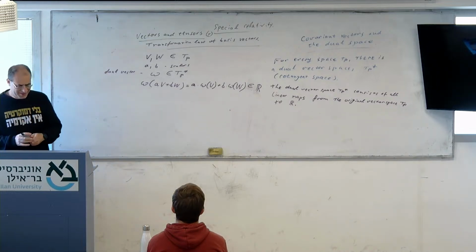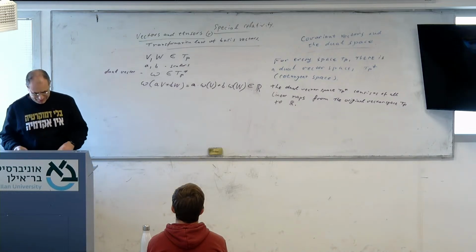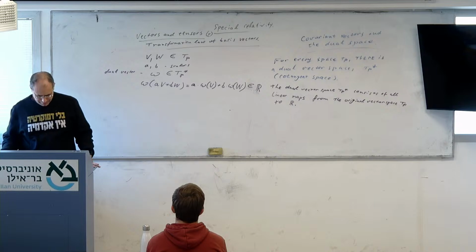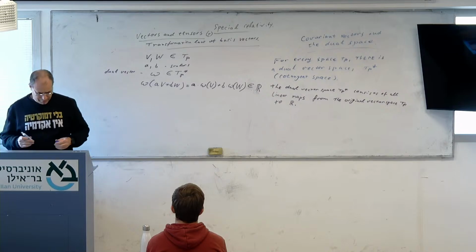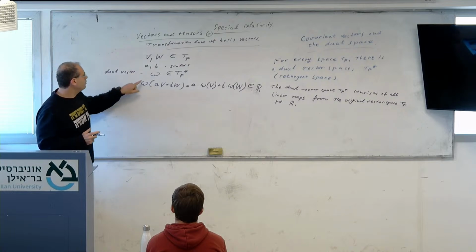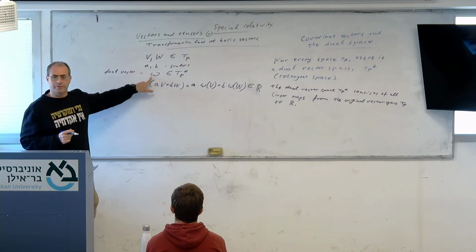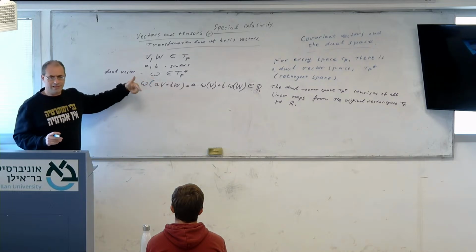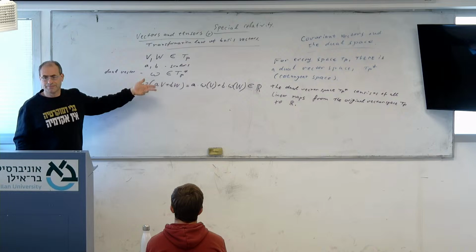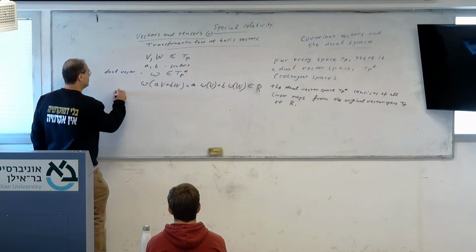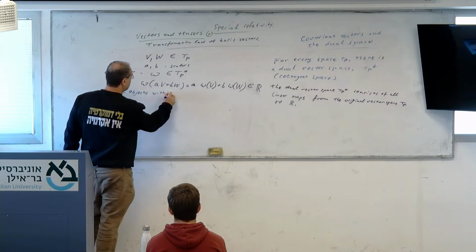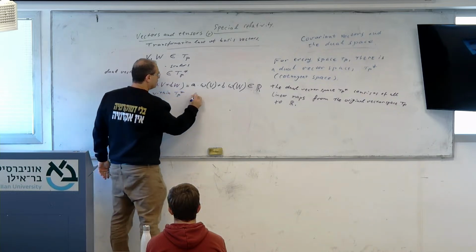Okay. Now obviously, if I look at all the objects within the dual space, by themselves they form a vector space. So all objects within TP star form a vector space.